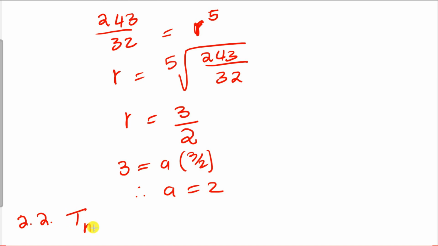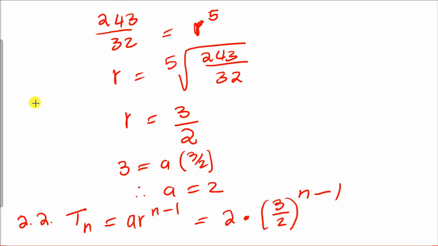Before that, general term is AR to the n minus 1. What is our A? Our A is 2. What is our R? Our R is 3 over 2 to the power n minus 1. Remember, these are not cancelling, so don't make the mistake of cancelling. This power incorporates the whole fraction.